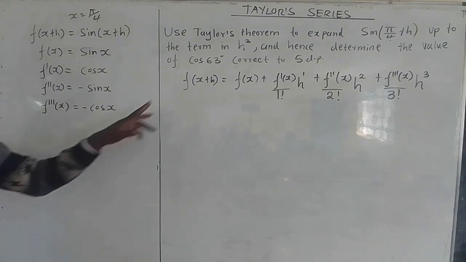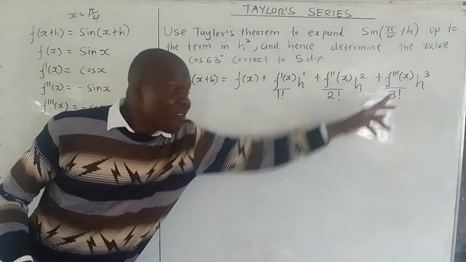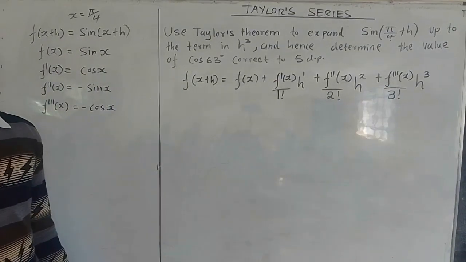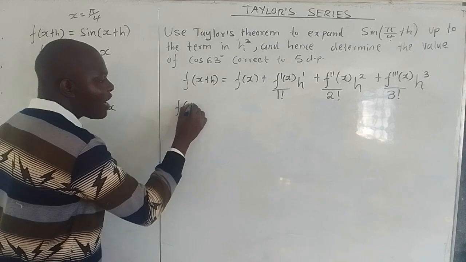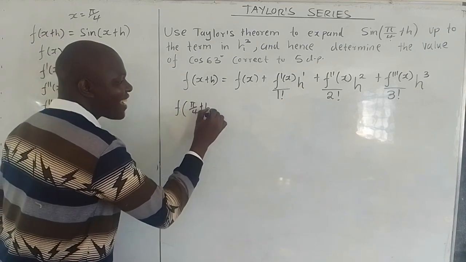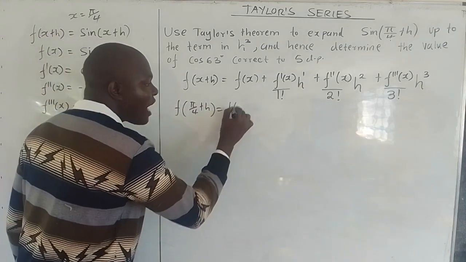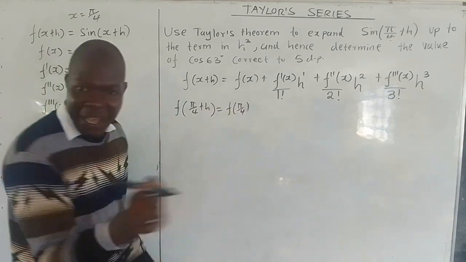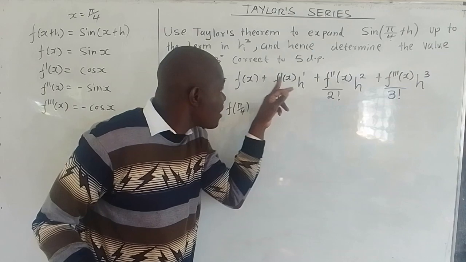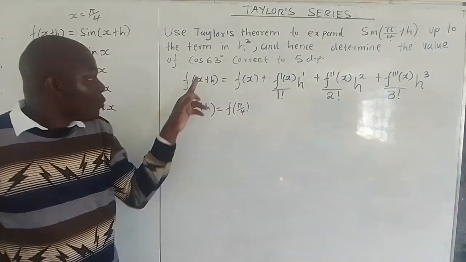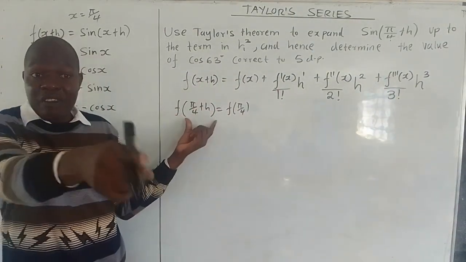So where there is x, you now put pi over 4. Are you seeing that? Now you are going to have f of pi over 4 plus h, which will be f of pi over 4. Are you seeing what I'm doing? Because x is pi over 4, where there is x, you put pi over 4. So we have f of pi over 4 plus h.